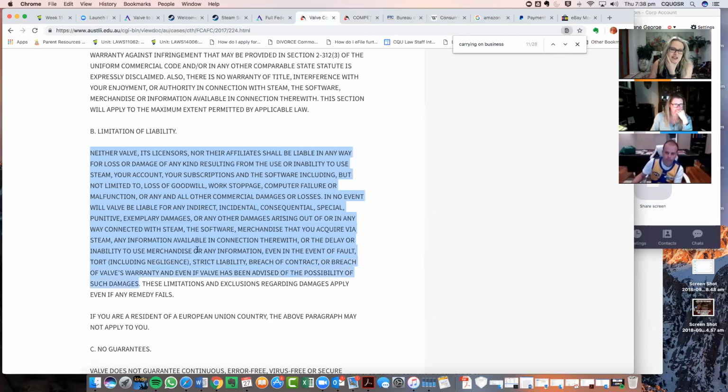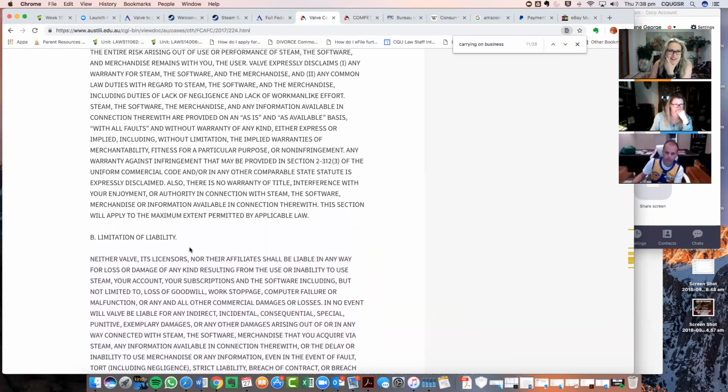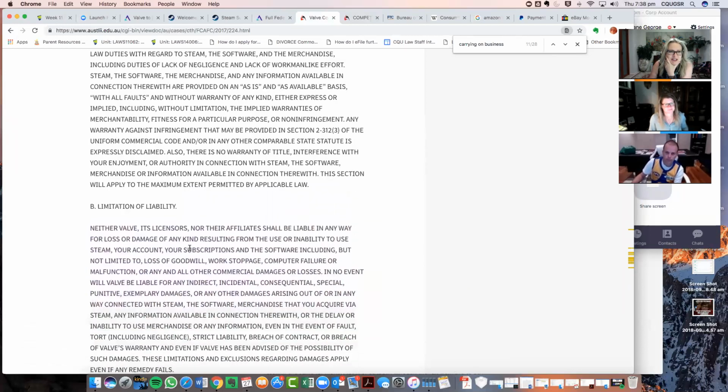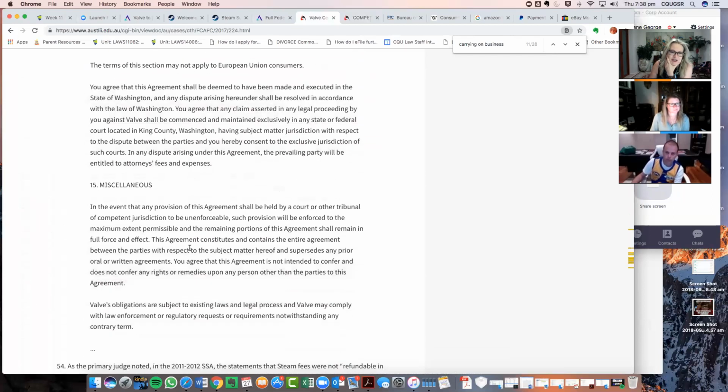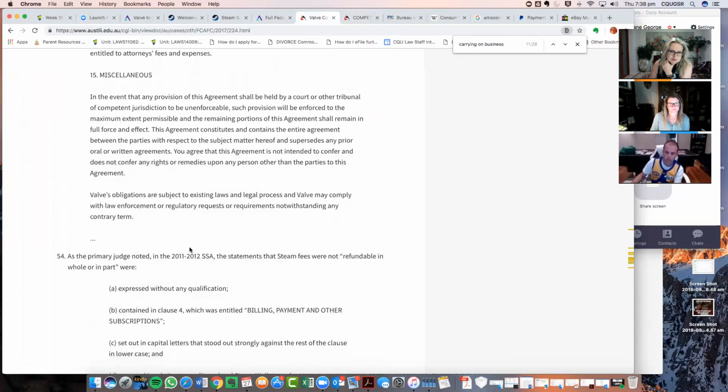I think that's just lovely drafting. So they specifically purported, and I can't bother finding it for you, to exclude all consumer protection provisions of basically any other law.